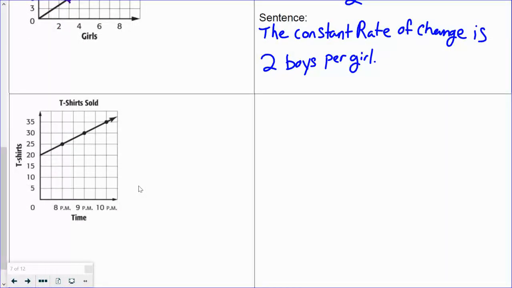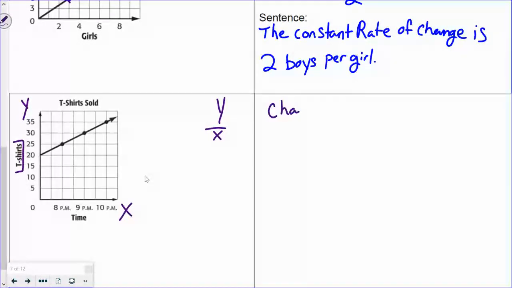Now we have nothing to fill in. We have to do it all off of our own. Now remember, we are always comparing y over x. So I want to look at my y-axis, and then I'll look at my x-axis. Okay, so y is t-shirts.